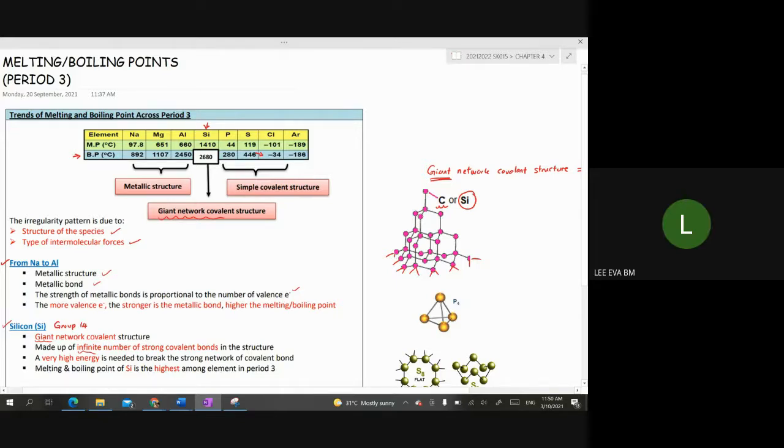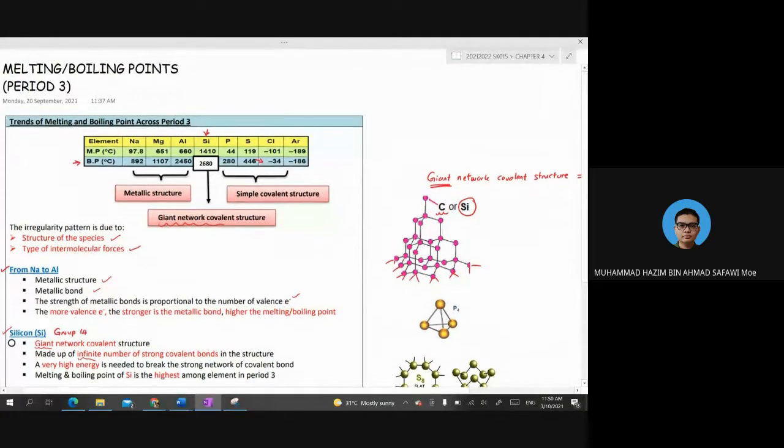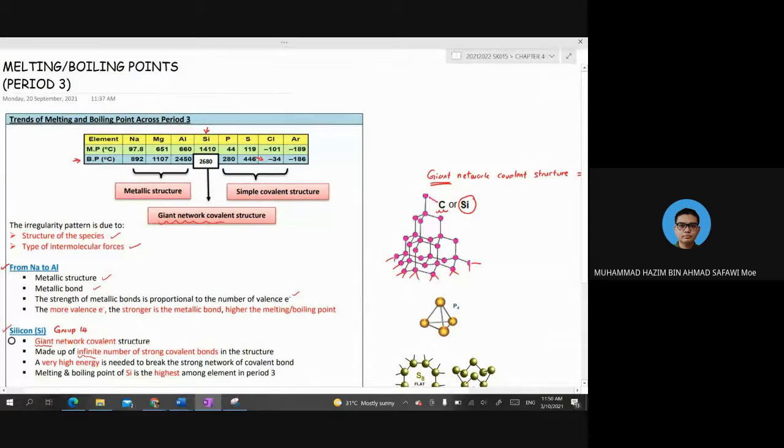Any other questions on the part for silicon? Madam, silicon is the element that is amphoteric in period 3, right? Or is it aluminium? I'm not sure.